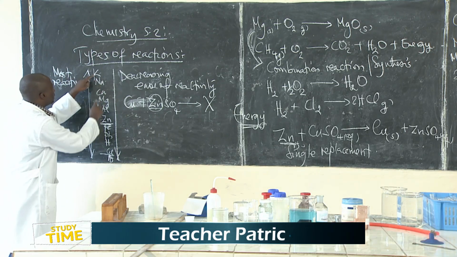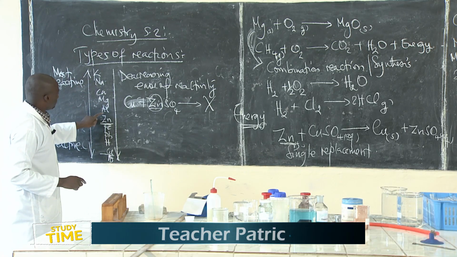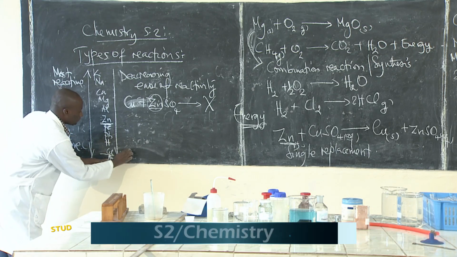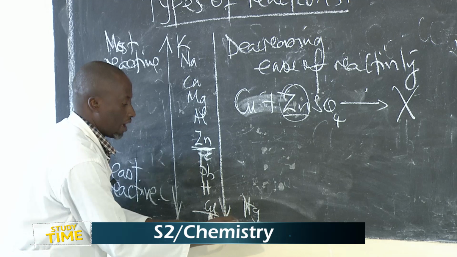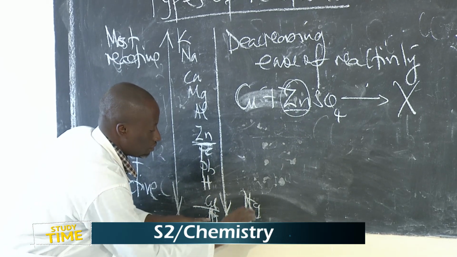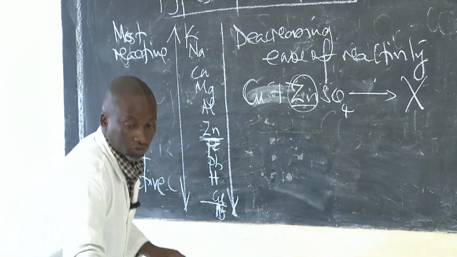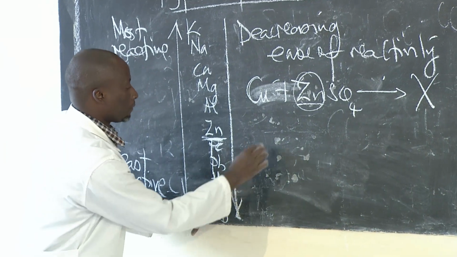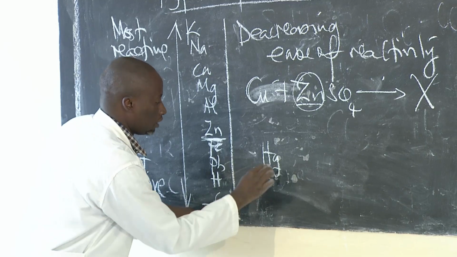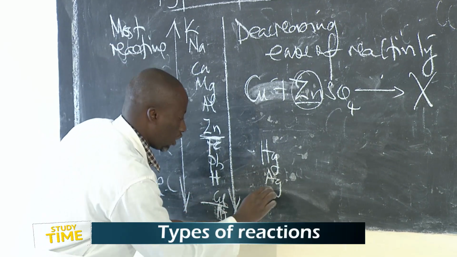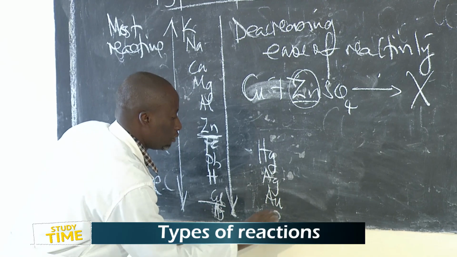We said sodium, potassium, calcium, magnesium, aluminum, zinc, iron, lead, hydrogen, copper, mercury, followed by silver, then you have gold. Let me just write it properly here so that you can see it clearly. So you have mercury, silver, and then gold, and then platinum.